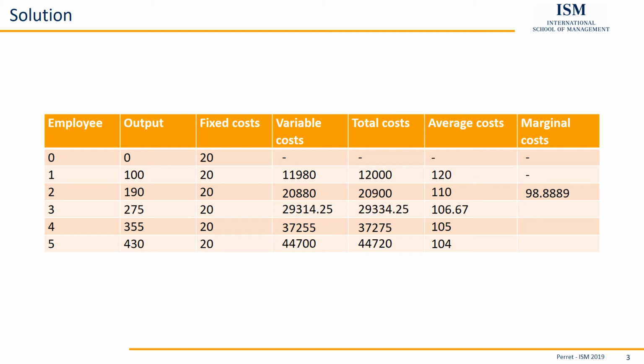We have total cost increase from 20,900 to 29,334 and something, divided by the output increase of 190 to 275. So we divide by 85, giving us here marginal cost of 99.2265.